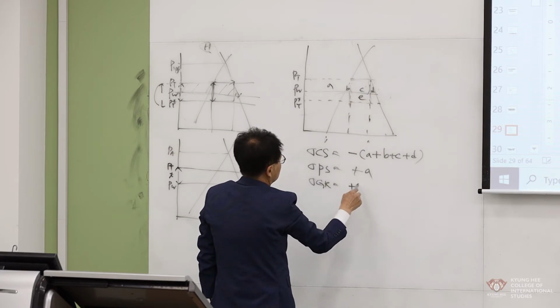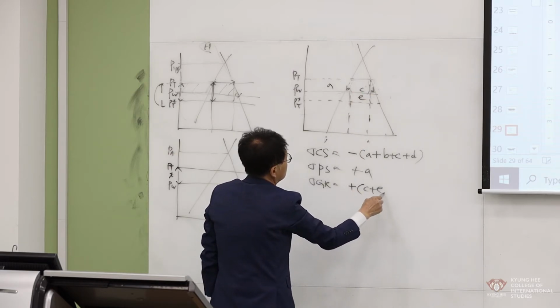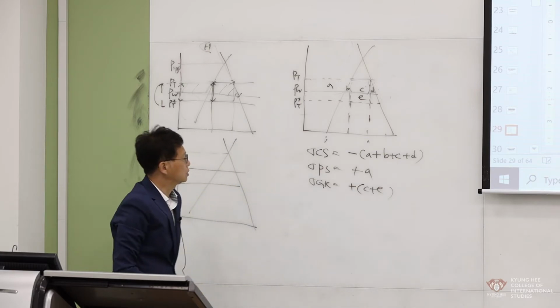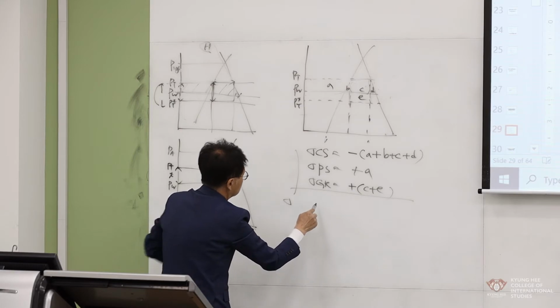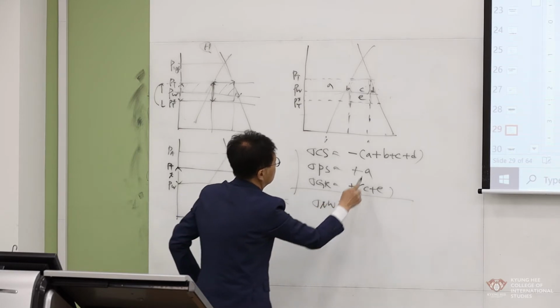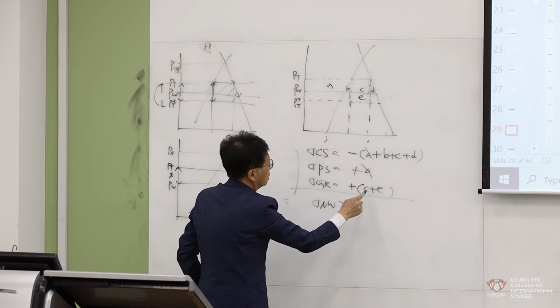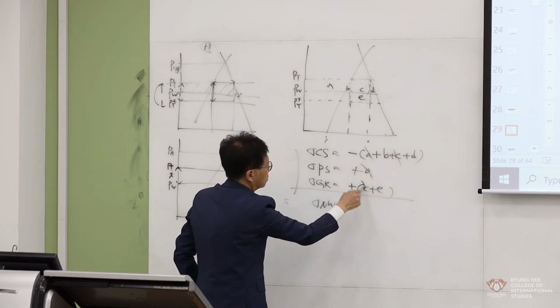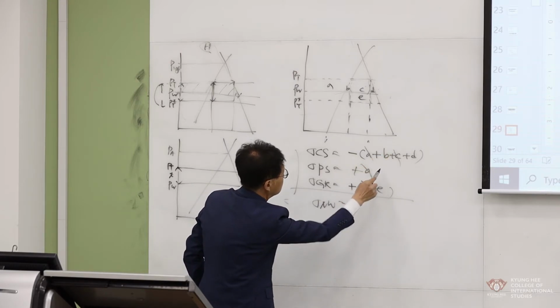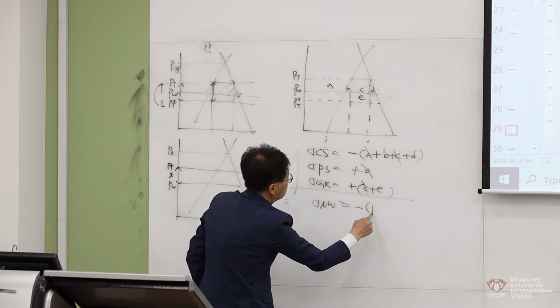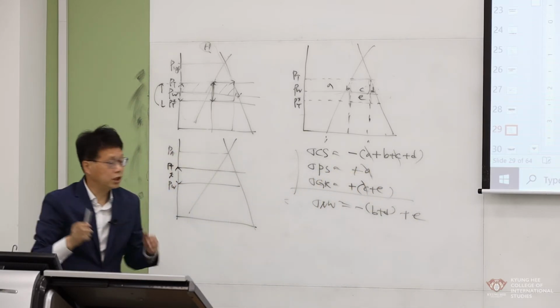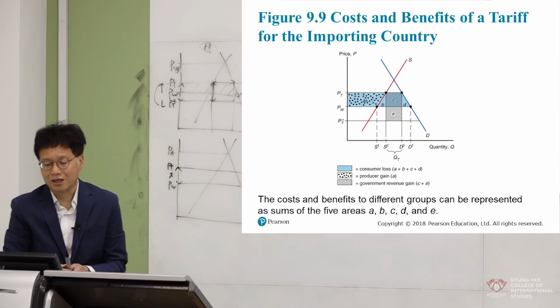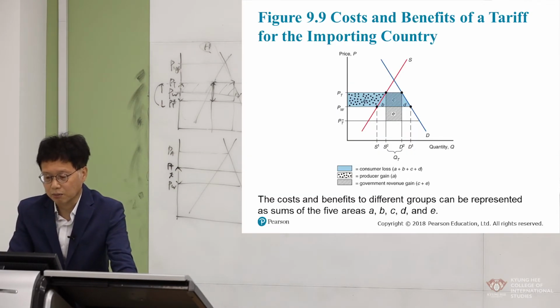So government revenue is C plus E. Then we can calculate the change in national welfare. Minus A plus A, minus C plus C. What is left is minus B plus D plus E. That is the change in national welfare when a large country imposes a tariff.